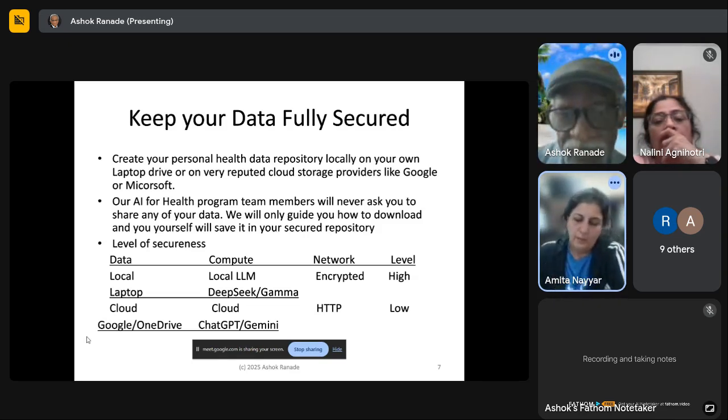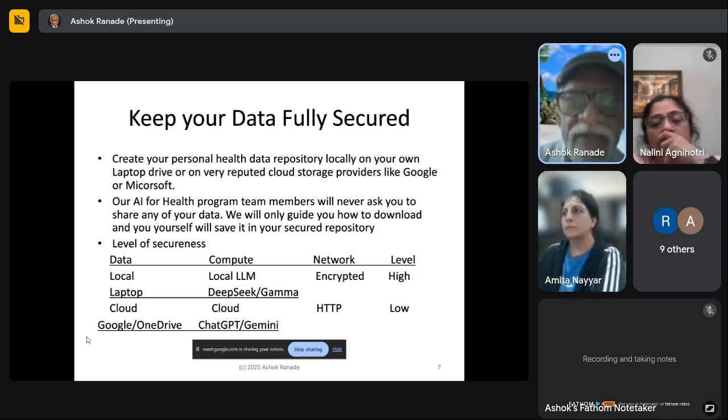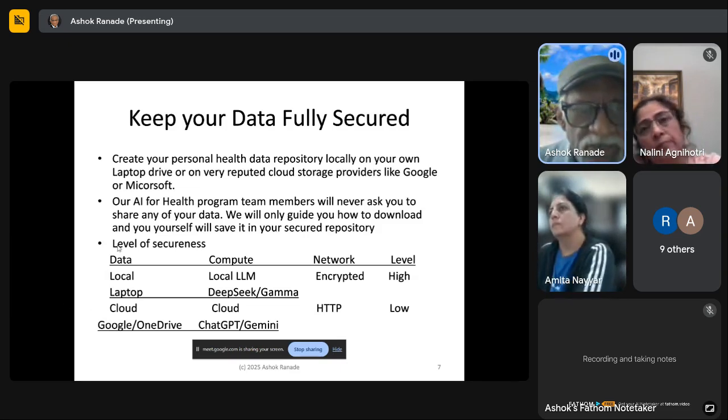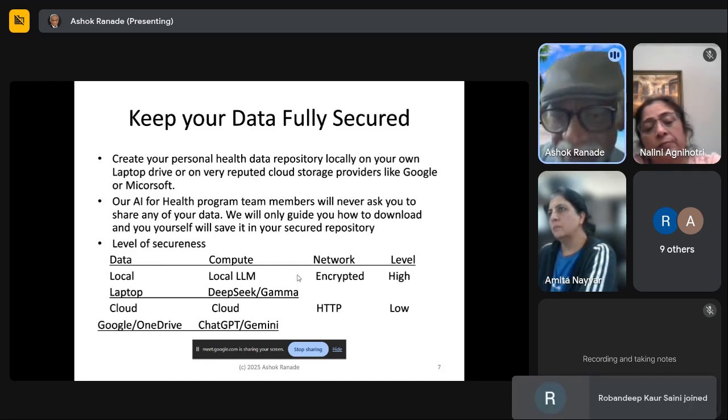Thank you. Okay, so compiling all this data, it has to be kept secured. The security level can be from very high to reasonable. I would not say low.